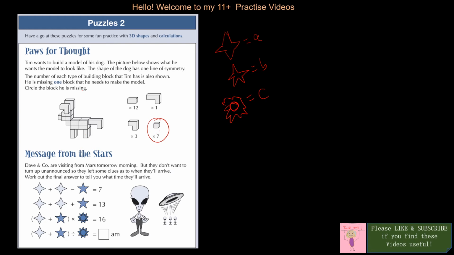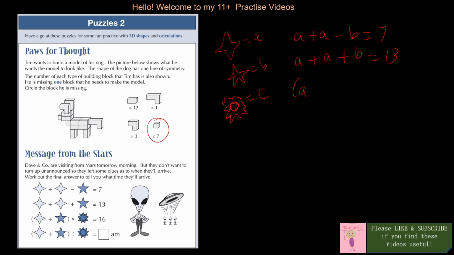So if this is the case, then we rewrite these as equations and try to solve them. The first one is A plus A minus B is 7. Then A plus B is 13.